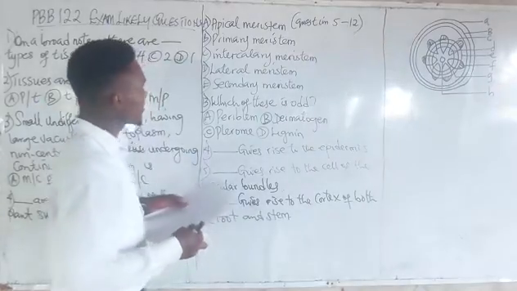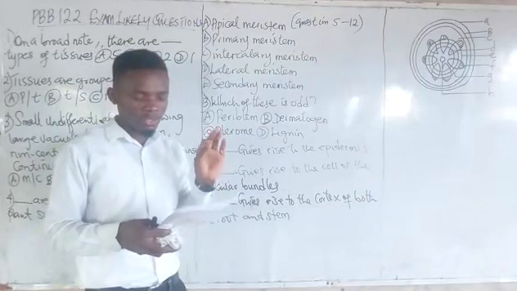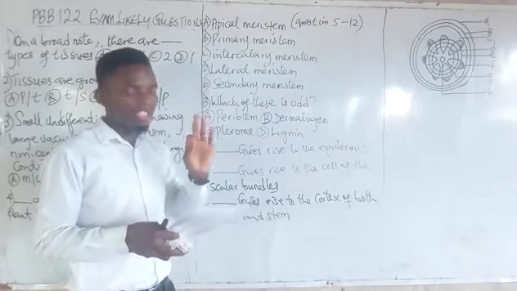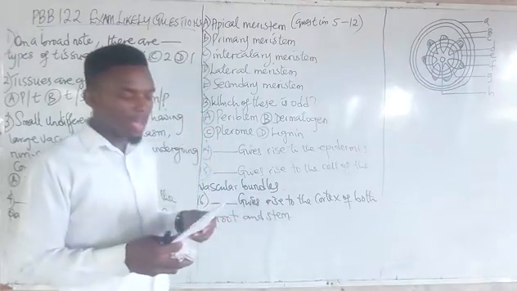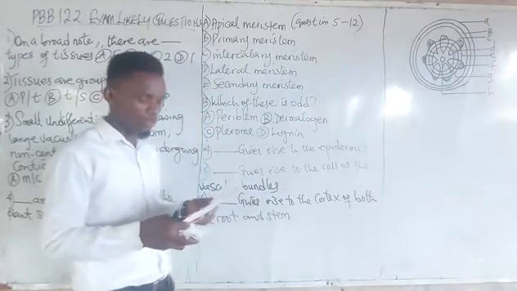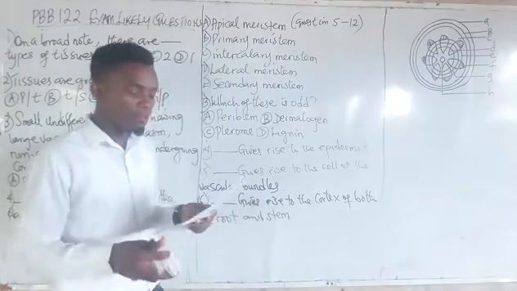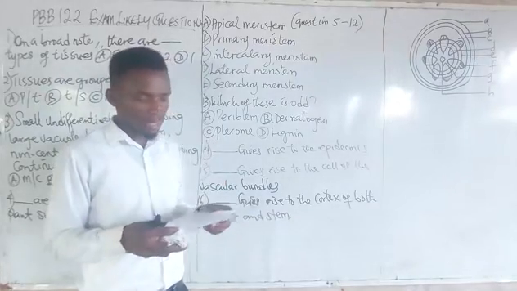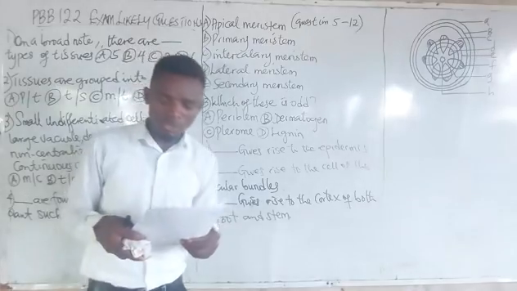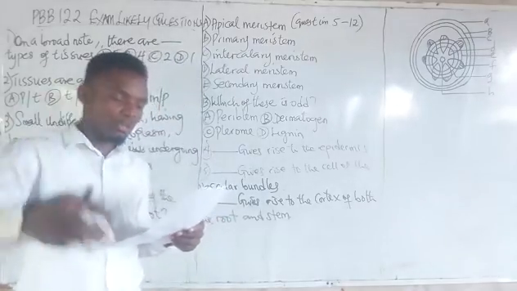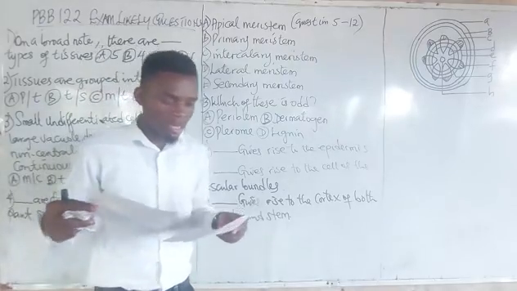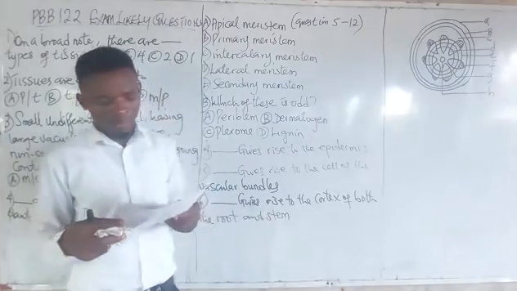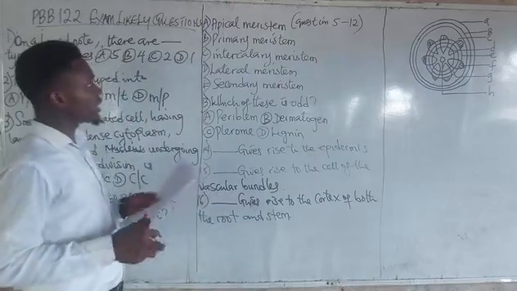Number 5 says dash constitutes the cells found in the growing regions, such as the stem and root apexes and the cambium of the stem. Which of them do you think is the answer?